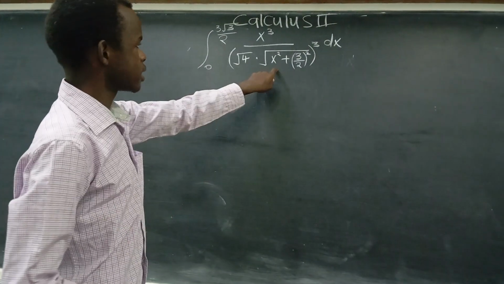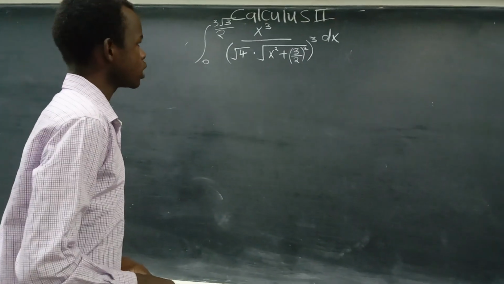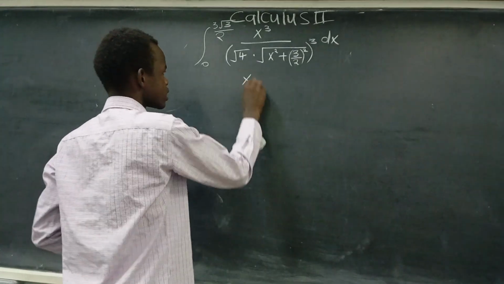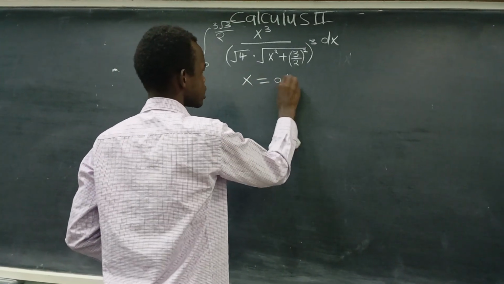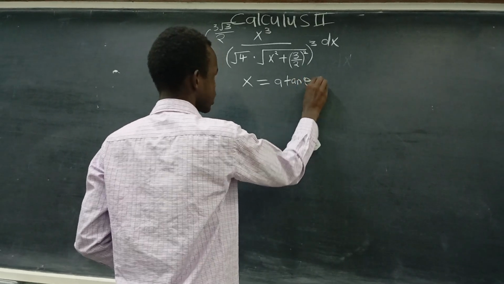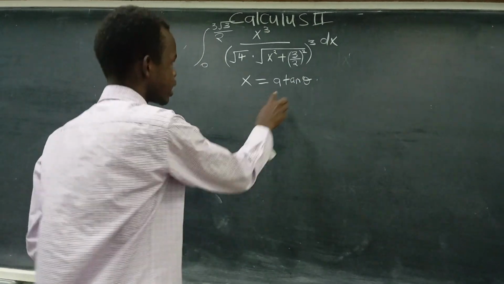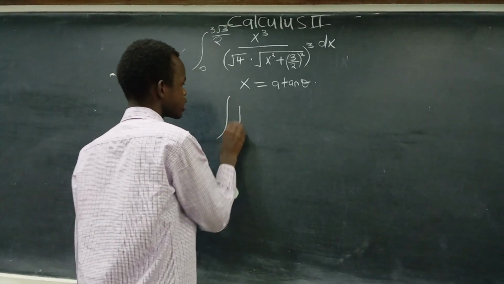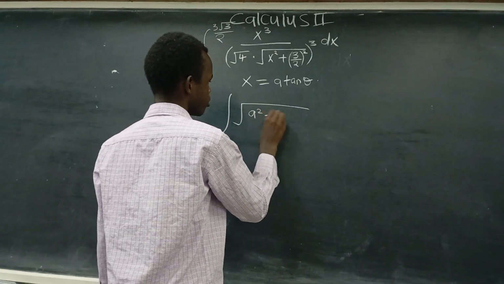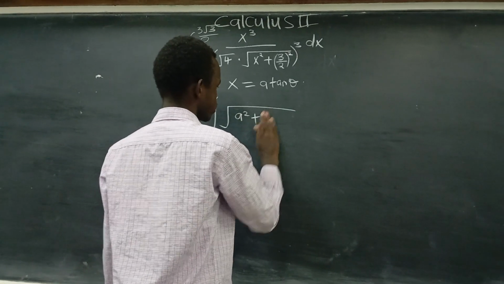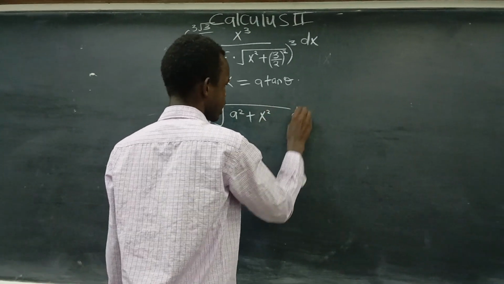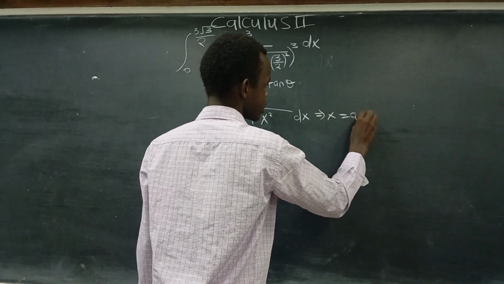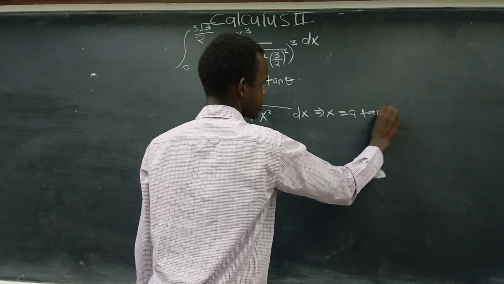When you see something like this, you are told to express your x in terms of tan. So I'll say my x equals a tan theta, right? What's my a? Remember the integral formula usually says when you're integrating the square root of a squared plus x squared, dx, you are told to choose your x as a tan theta.